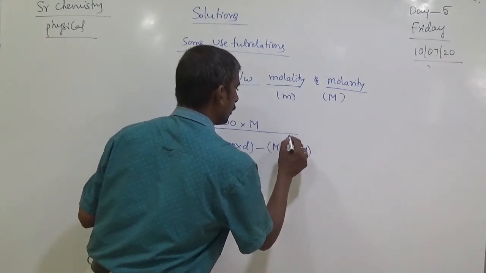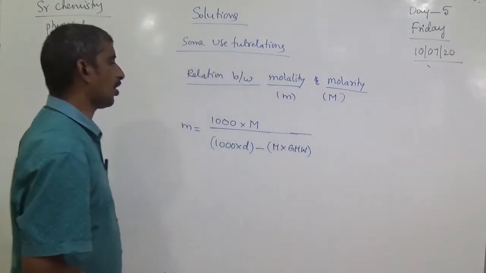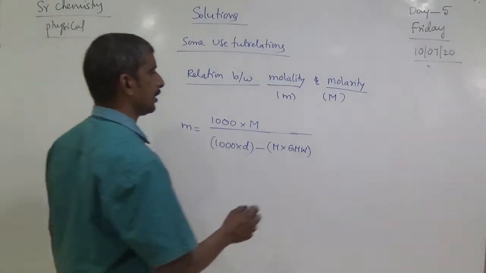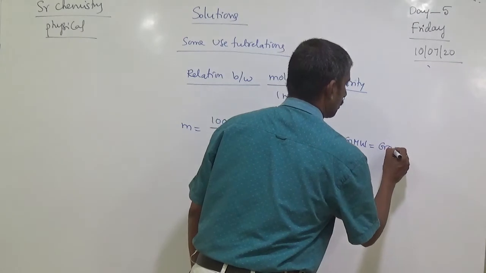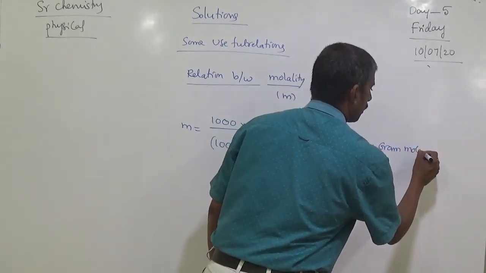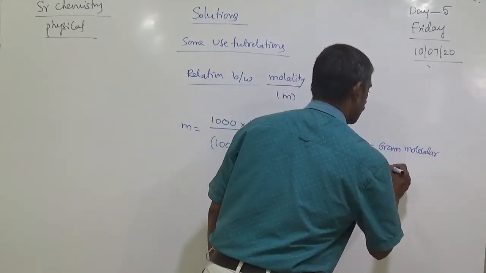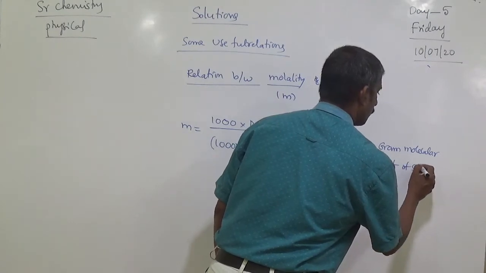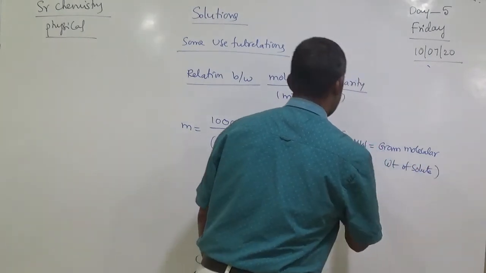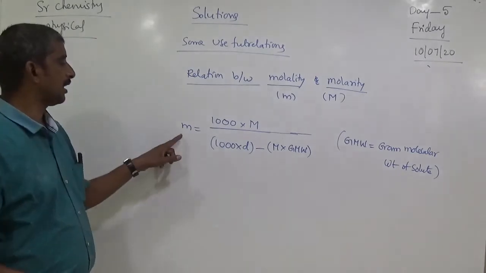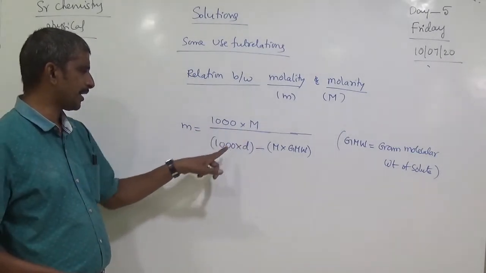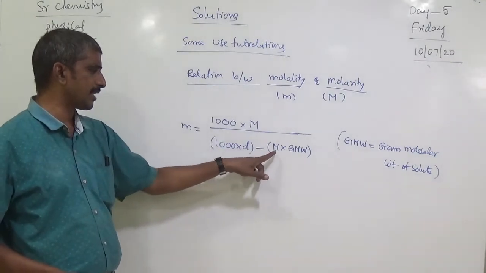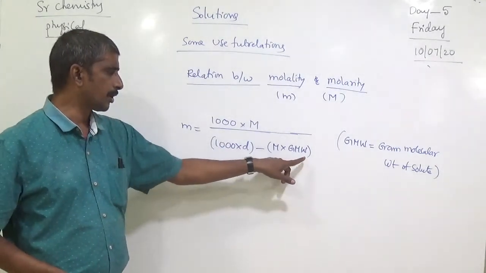GMW means gram molecular weight of solute. That is one of the formulas: molarity equals 1000 into m by 1000 into d minus m into GMW.